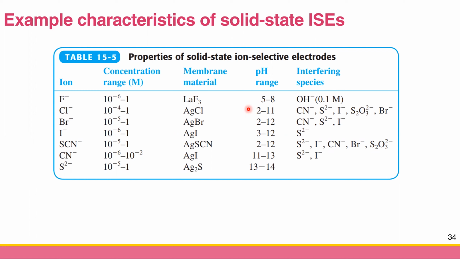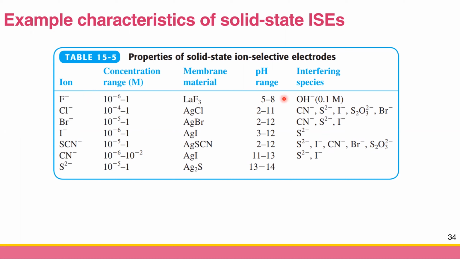You are right. If you have too low a pH, then your fluoride is going to be converted to HF. Since HF is not the same as fluoride, you're not going to see it. This is why you cannot use the electrode in acidic conditions.